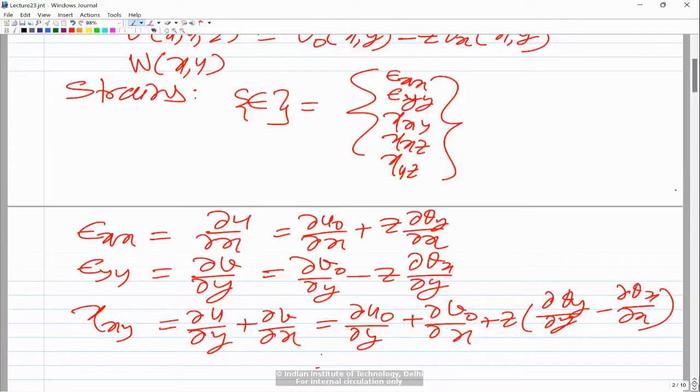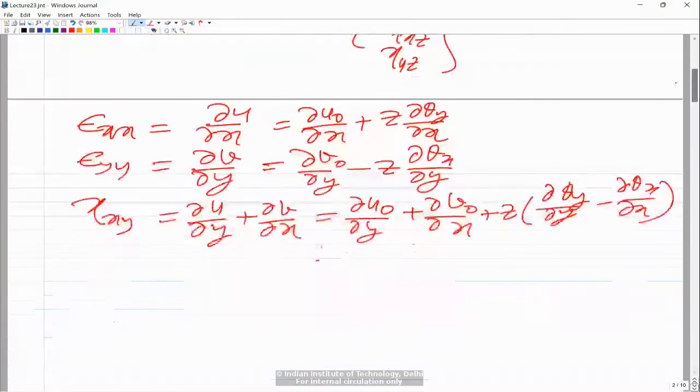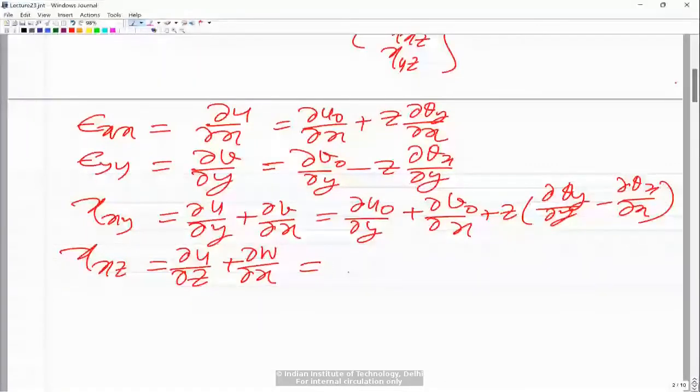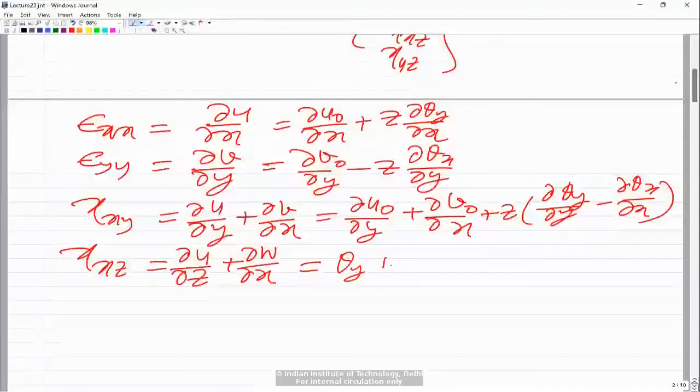So these are the in-plane strains epsilon xx, epsilon yy, and gamma xy. Then gamma xz is del u by del z plus del w by del x. With the definitions of u and w, u is u naught plus z into theta y, so its derivative with respect to z is simply theta y, and w is only a function of x and y, so we have plus del w by del x.